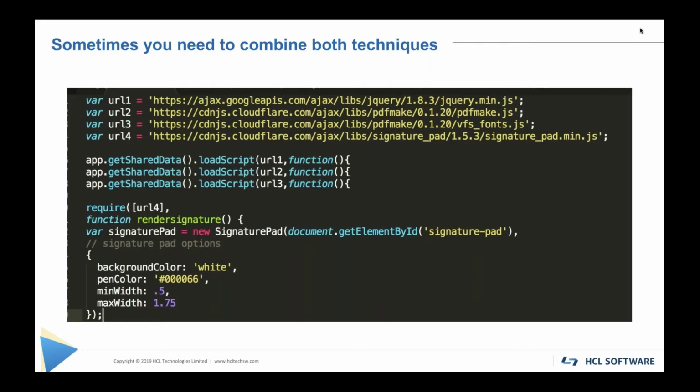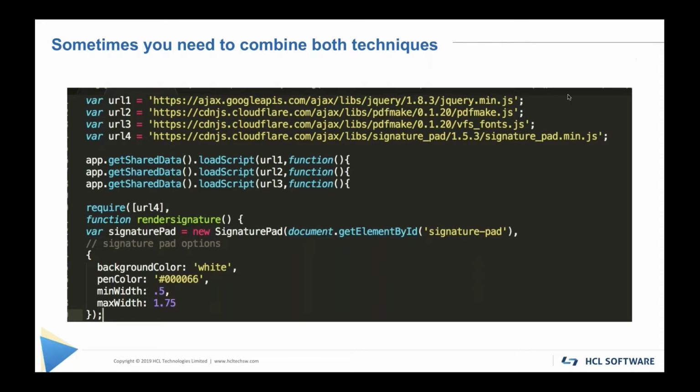I haven't tried this with the 4 URLs nested with require. But if I tried the 4 nested with the shared load script, it doesn't seem to work for whatever reason. This last piece here, when I add require, it does work. So I'll confess I don't understand everything of my code, but if it works, I'm happy.